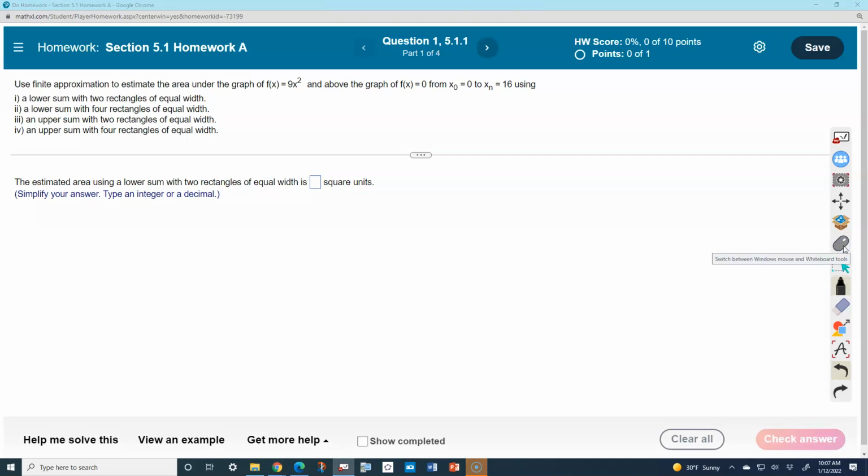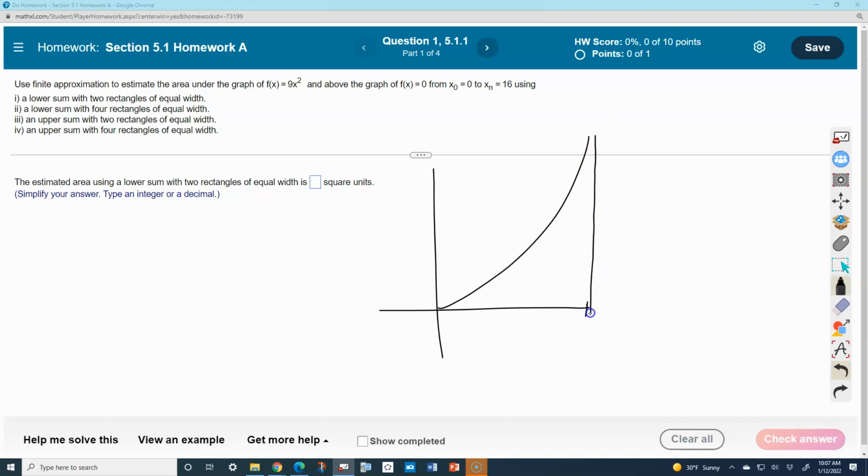What does 9x squared look like? Is it increasing or decreasing? If you start at 0 and go to 16, it's increasing. It's going to be something like that, right? So we're approximating the area in here.